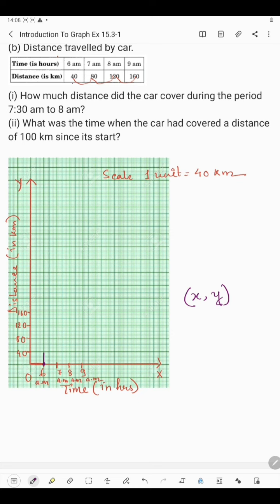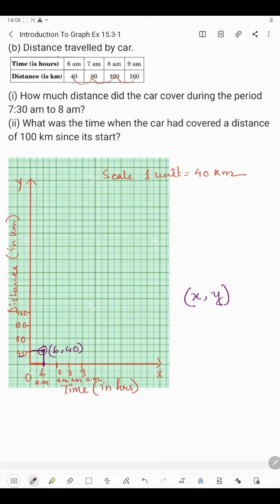And then we'll find the distance 40 kilometer, because at 6 am it travels this distance 40 kilometers. So from here we will go towards left to the y-axis to find 40 kilometer. So this is the coordinate. Now at first we will write the value of x, which is 6. 6 is on the x-axis and 40 is on the y-axis. So we'll write 6, 40.